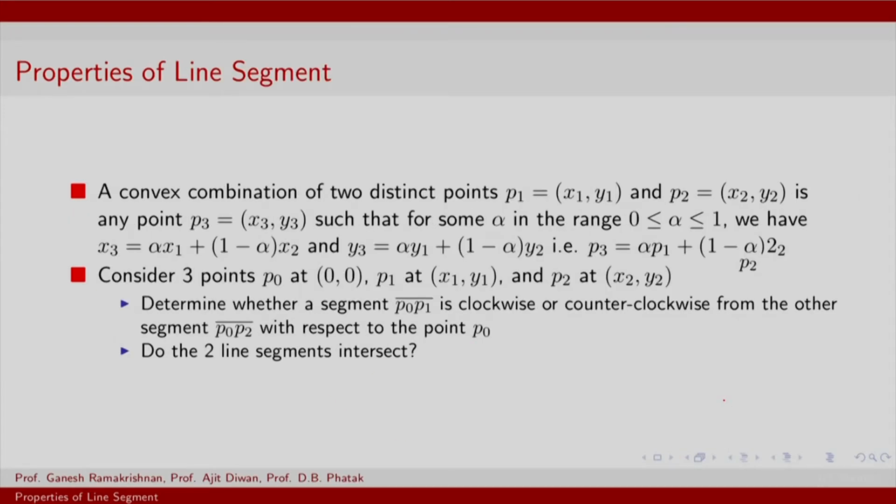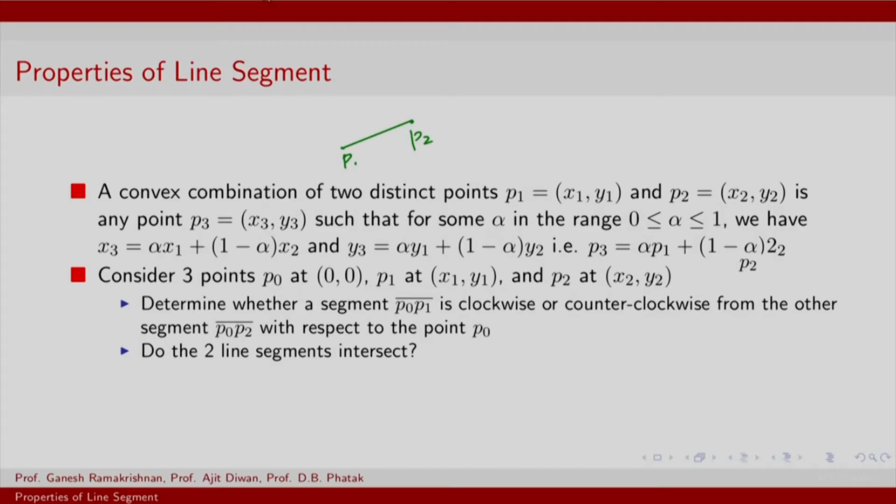Coming back to line segments, we will be interested in characterization of line segments as a convex combination of the 2 points that form the endpoints of the line segment. Let us call these 2 points P1 and P2.